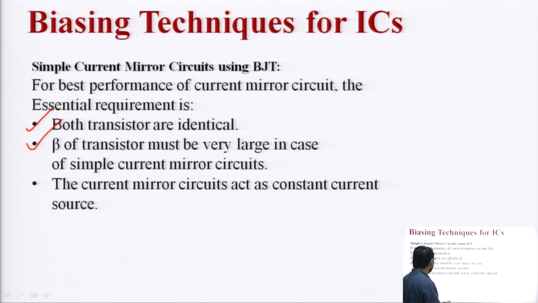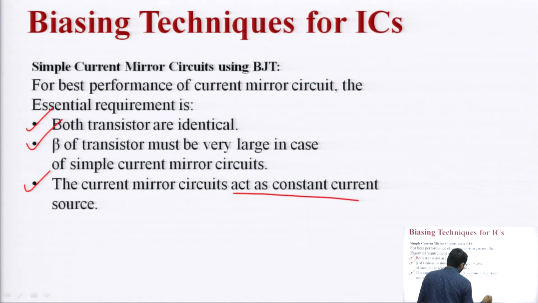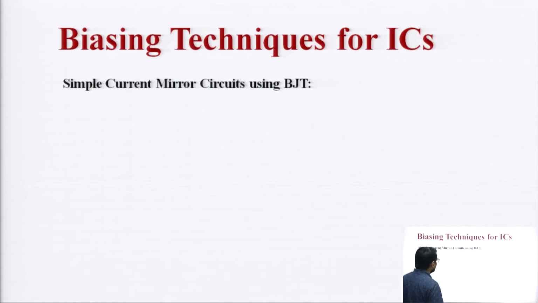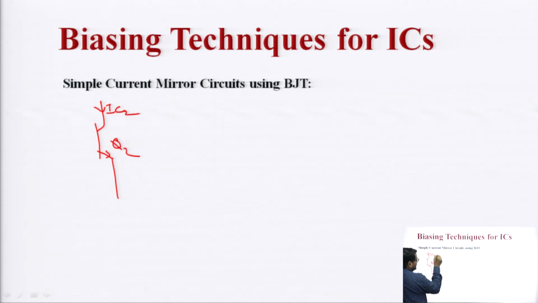Now, the next point is that the current mirror circuit acts as a constant current source. Okay. So, we see in the next slide why we use it as a constant current source. We consider an analysis. Let us suppose that we have a BJT of a current mirror, Q2, and its current is IC2 and the voltage across it is VCE2, and this is our input section.